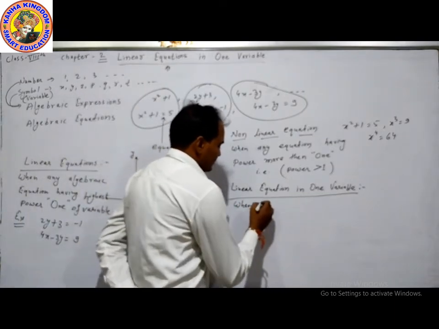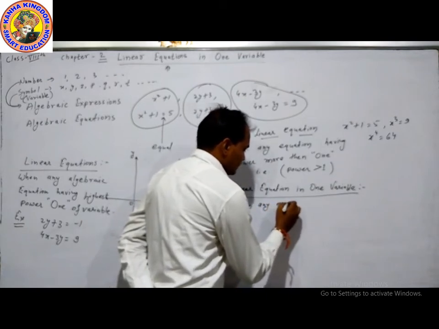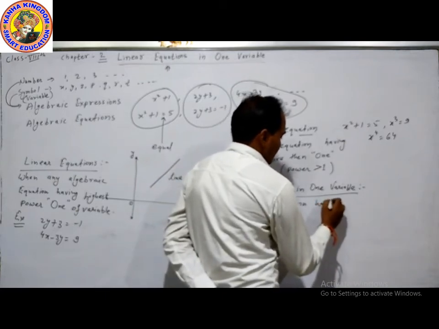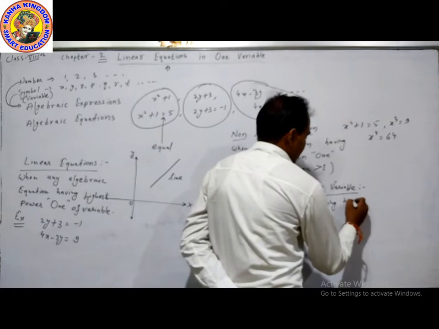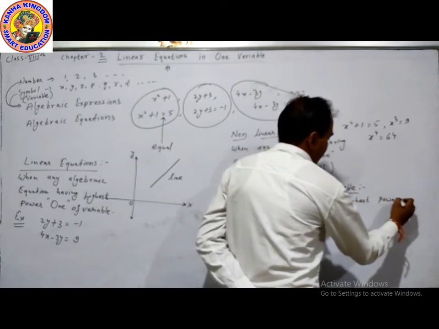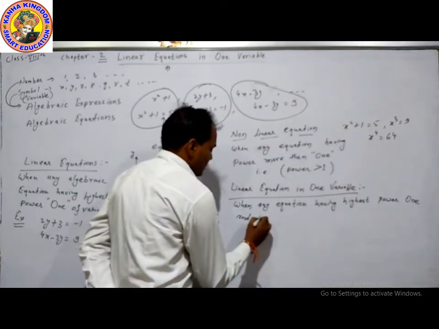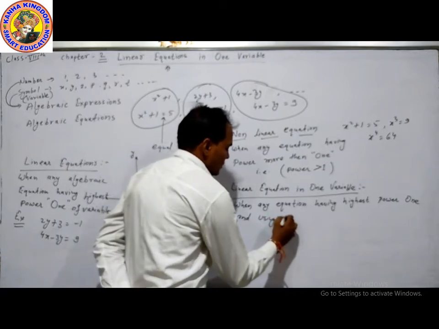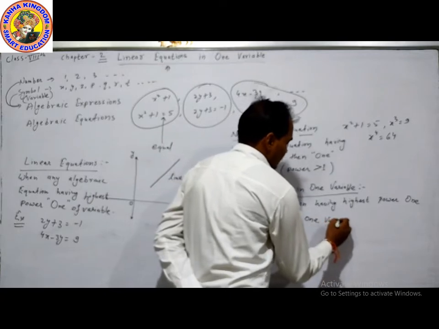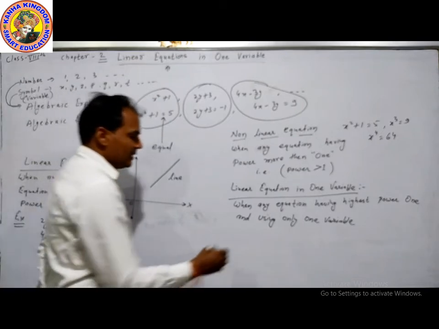Definition: when any equation has highest power 1 and uses only one variable, it is called a linear equation in one variable.